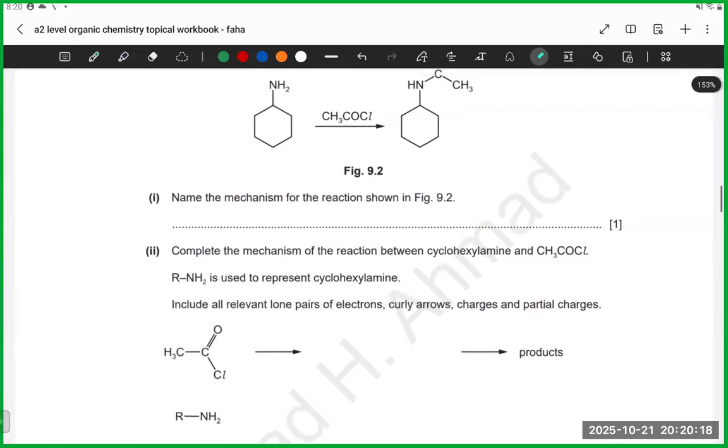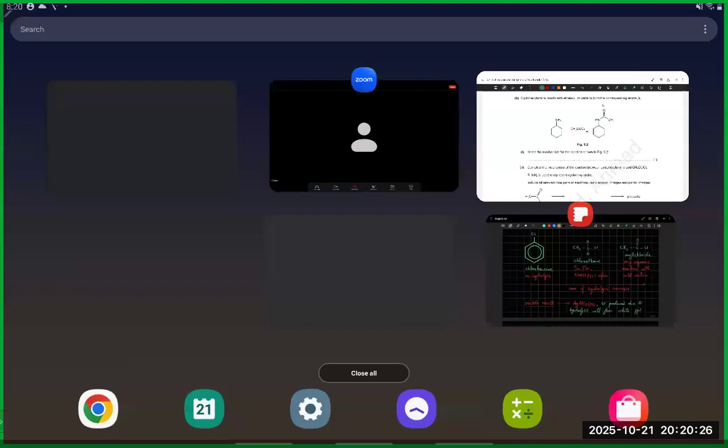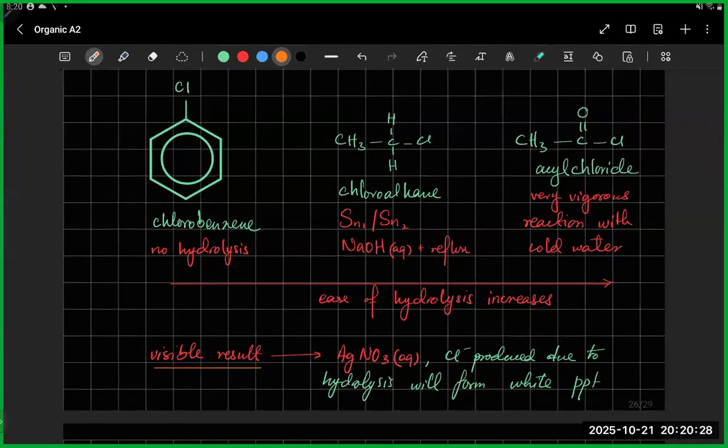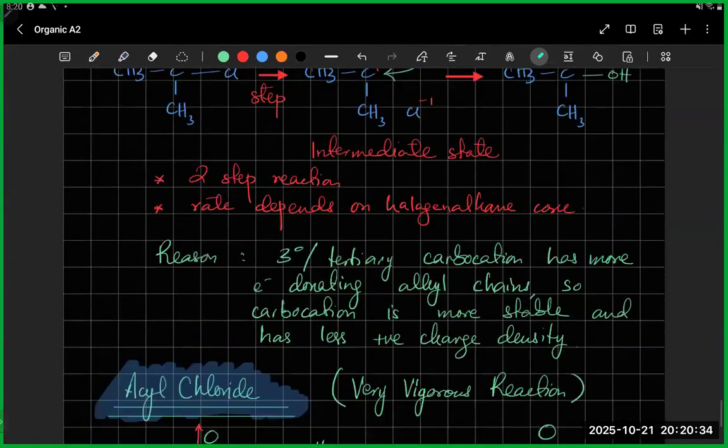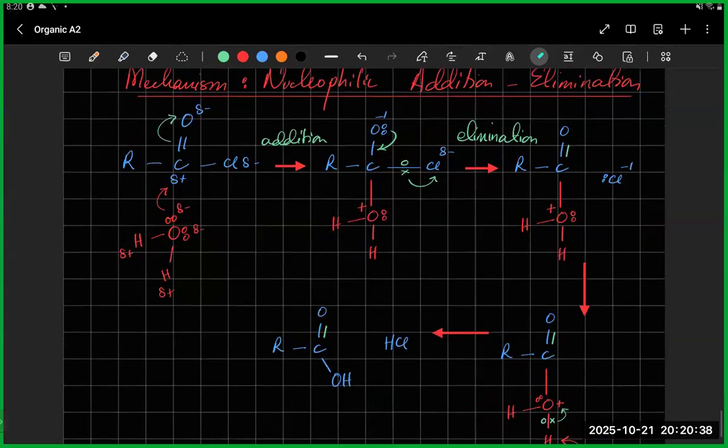Lone pairs and curly arrows, but we have done this. Let me explain. Okay, we did a mechanism for acyl chlorides, which was nucleophilic addition elimination. Okay, so what I'm going to just add, because nitrogen compounds we haven't studied yet.